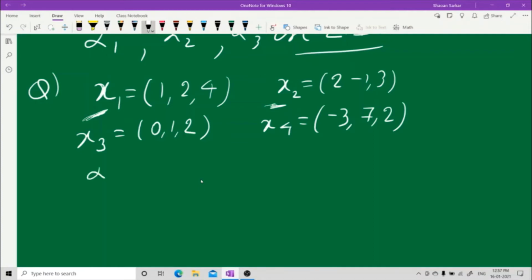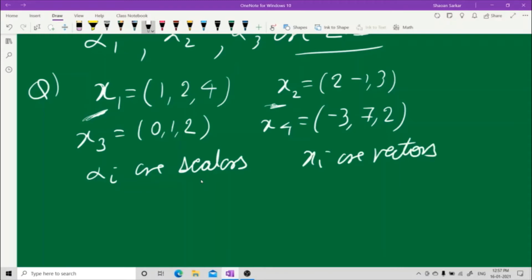Now do one thing. You write this equation, where alpha i's are scalars. In the previous question, xi's were scalars. Now in this question, alpha i's are scalars and xi's are vectors. You must write that. And the shortest way of writing is, look, how many vectors have you got? 1, 2, 3, 4.